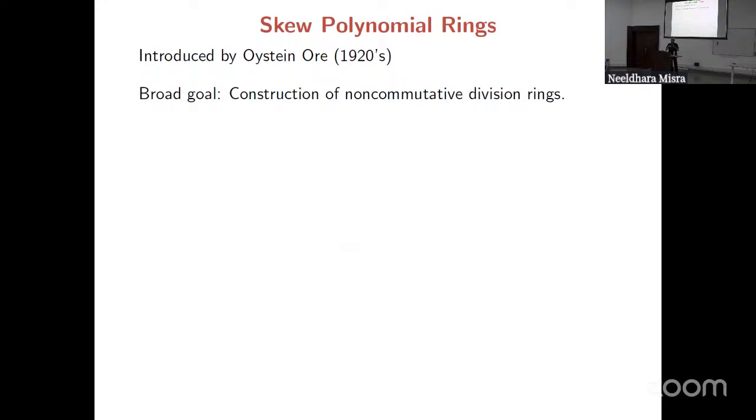Just like you have fields, the question is, if you have non-commutative rings, can you construct non-commutative division rings where you can add, subtract, multiply, and divide by non-zero elements? And what are nice examples of such division rings?